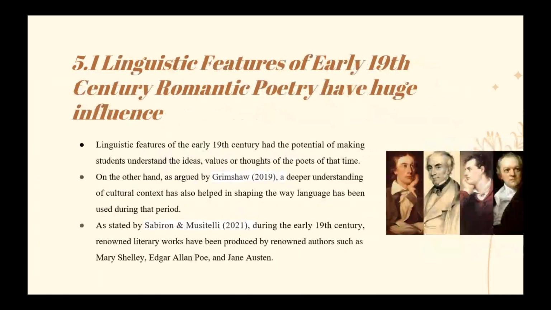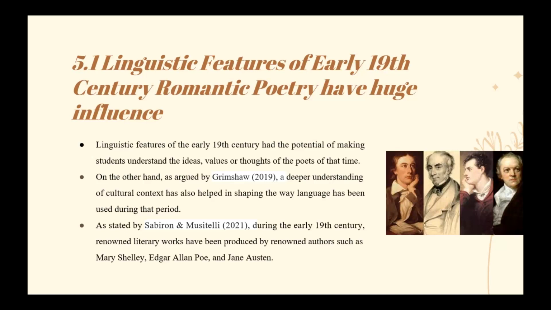The next part is about linguistic features of the early 19th century. Romantic poetry had huge influence. The linguistic features of the early 19th century have the potential of making students understand the ideas, values, and thoughts of the poets at that time.